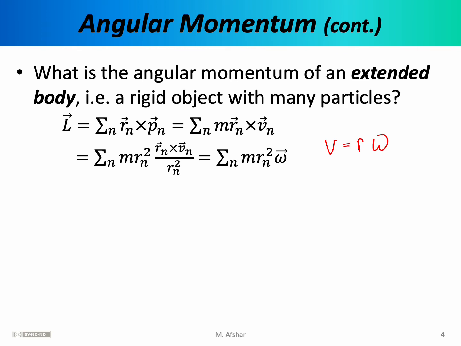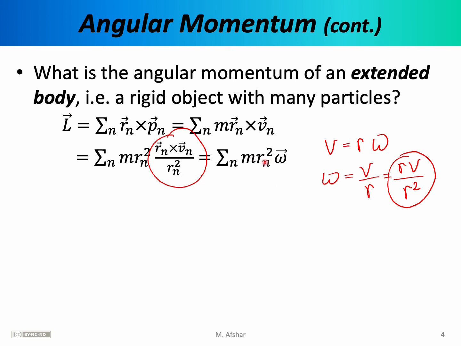So if you rearrange this equation, you can see that omega is equal to v over r, and you might even want to write it as something like r v over r squared, and then you begin to notice that this expression here looks a lot like this expression here. The important point is that I can write angular momentum in terms of angular velocity.